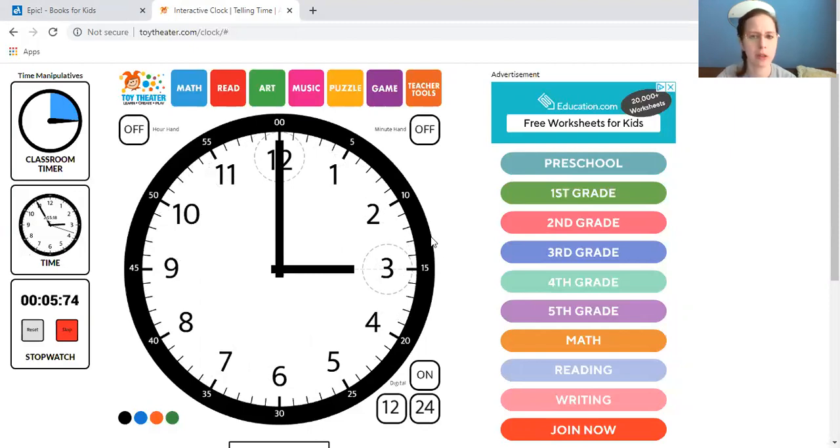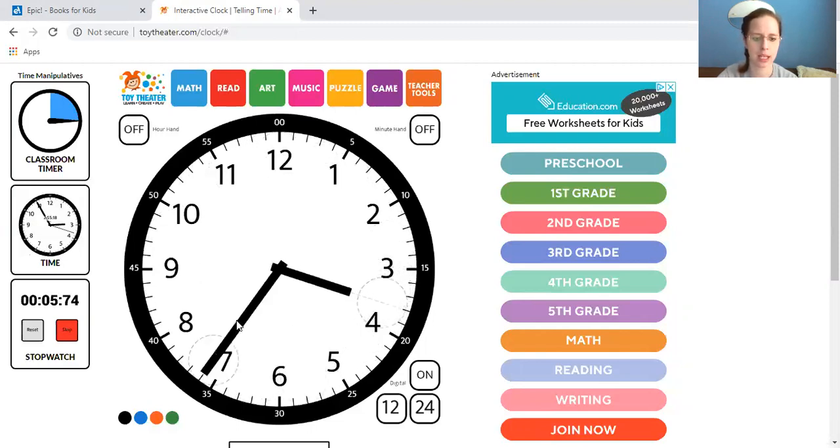Now, one more point of review is that when we do want to tell time with the minute hand, tell where the minute hand is, we know that we can count by 5s going around the clock to each of the numbers. So for example, if I have my minute hand pointing over here, I can start at the 12 and count by 5s to figure out what the minutes are. So let's do that real quick.